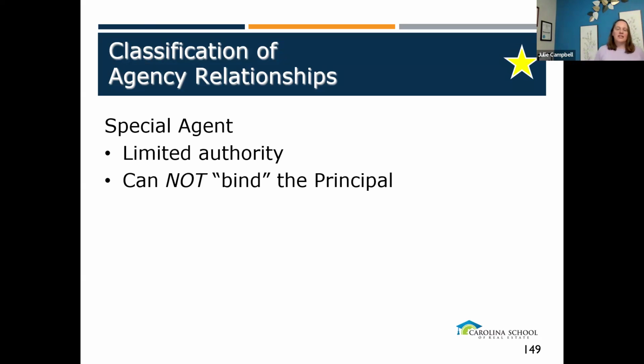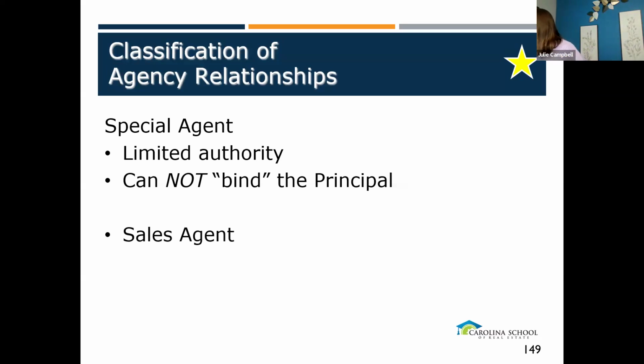The special agent is the sales agent, and I have zero power to bind. I have zero power to make decisions. I cannot speak for my buyers and sellers. I only speak on their behalf. I'm a middleman when it comes to communicating. I'm getting the information from my client to whomever. There it is. So the special agent is the sales agent.